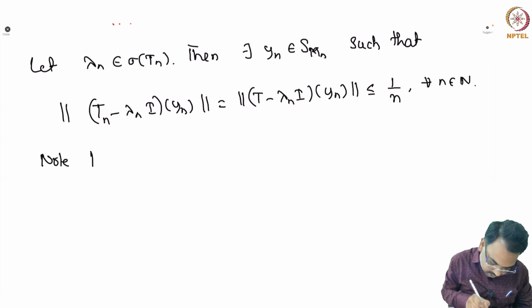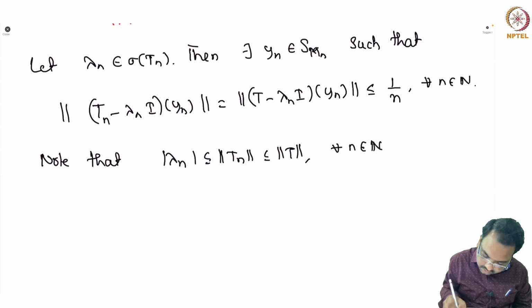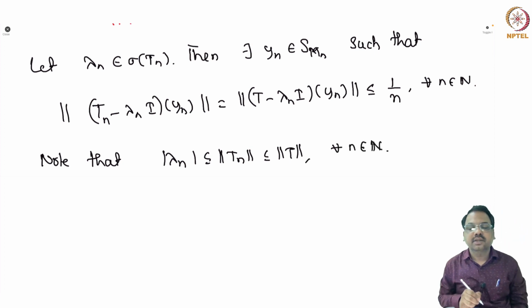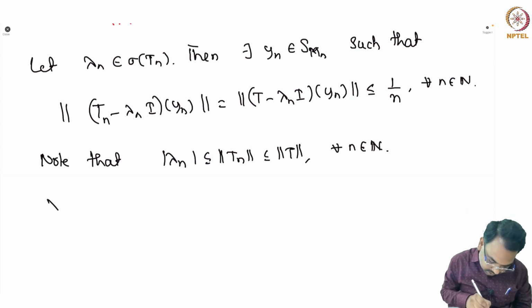Now note that mod lambda_n is less than or equal to norm T_n, and this is less than or equal to norm T for every n. That means lambda_n is a bounded sequence, so it has a convergent subsequence.